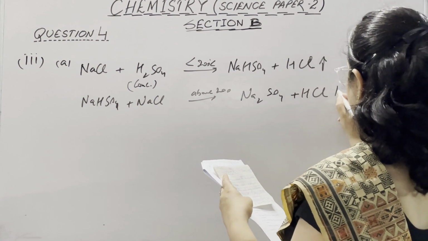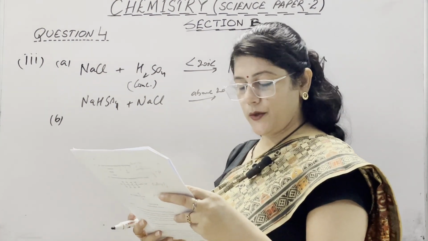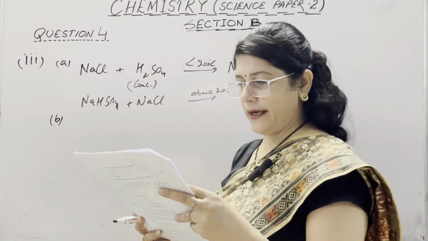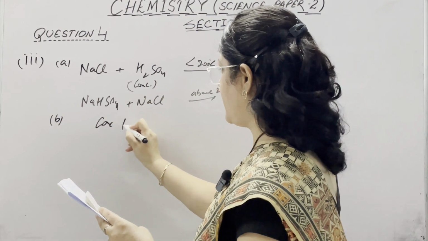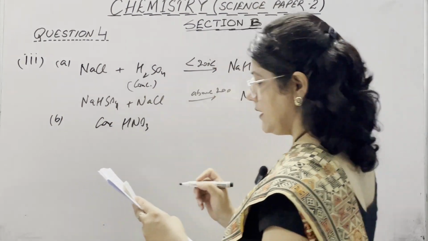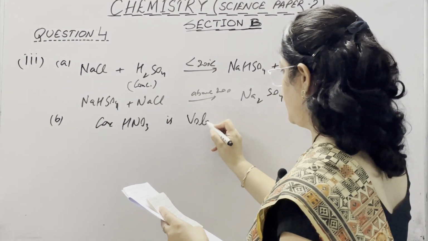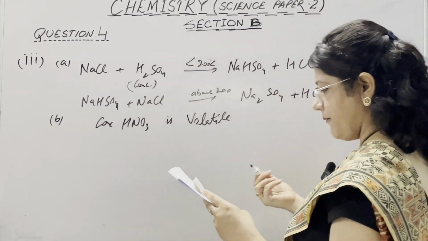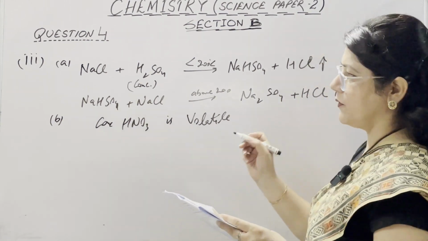In B part, why is concentrated nitric acid not used in the preparation of hydrogen chloride gas? Because we know that concentrated nitric acid is volatile. Therefore, it may volatilize along with the hydrogen chloride produced over there.